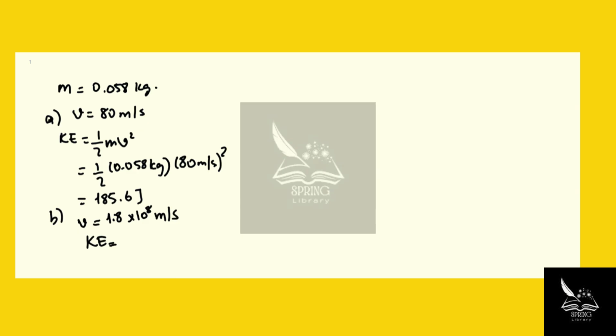In this case, we can't use 1/2 mv squared anymore because the speed is on the order of the speed of light. We are going to have to remember the relativistic kinetic energy equation: gamma factor minus 1, times rest mass times c squared. Now let's calculate what gamma is here. The general formula for gamma is 1 over the square root of 1 minus v squared over c squared.